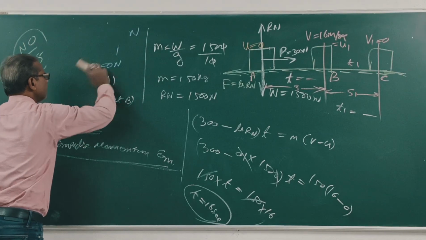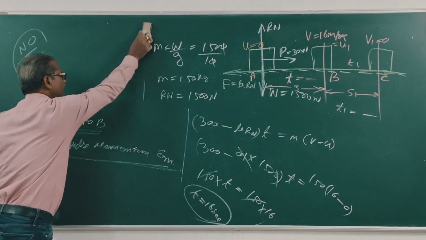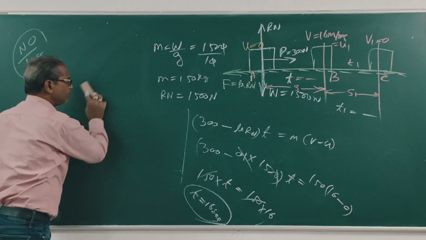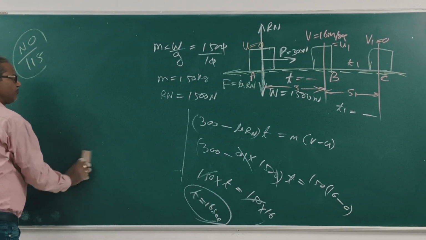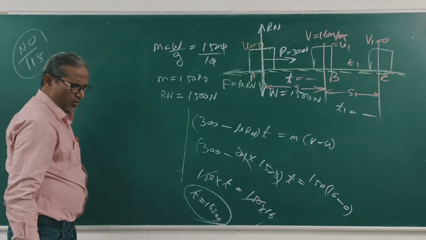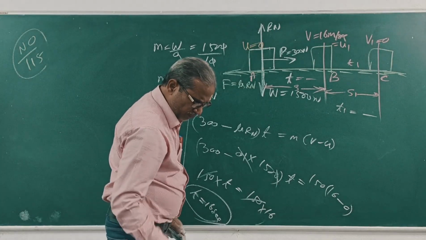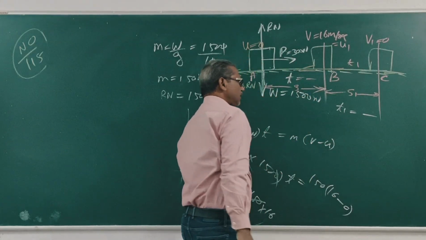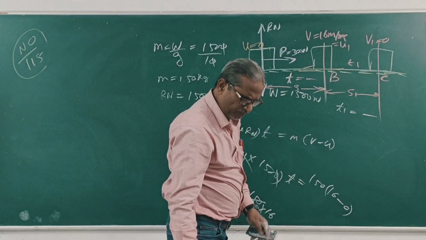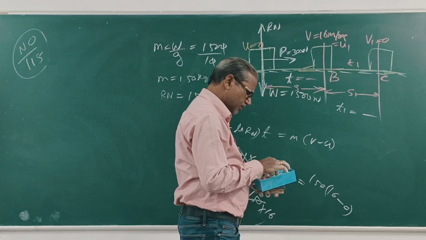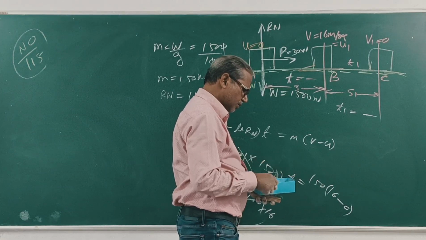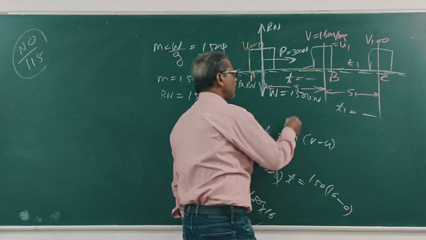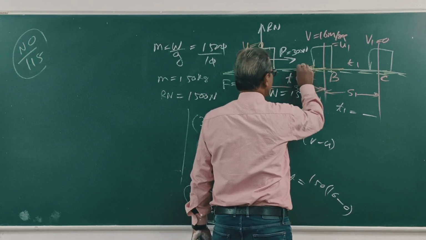Now from B to C. From B to C also, this is F. What is F equal to?